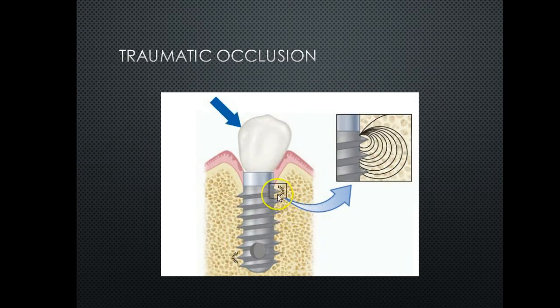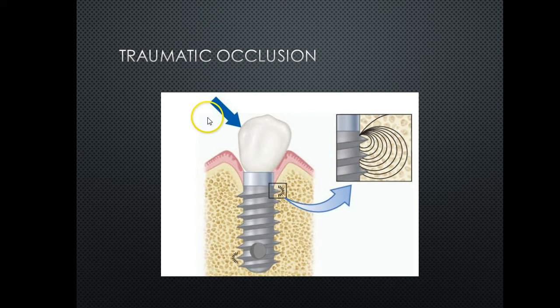This is also why, when we're doing an occlusion, you don't want any malocclusion or traumatic occlusion. Right here on the corner, if the force goes up on this side, the occlusion will pass down, but it won't go past the apex on this side. Instead it would have more of a tilting effect, where the occlusal force is on the crest here and on the apex over here. That would lead to crestal bone loss, which is susceptible anyway when we're doing implants, and that's what we're trying to protect, because you don't want that vertical bone loss. We accept about 1 millimeter in the first year, but you want to protect it.